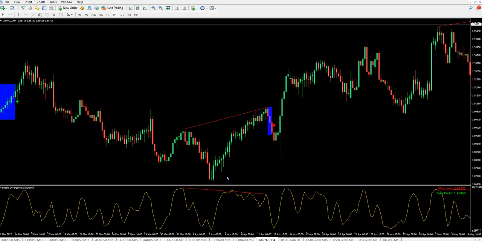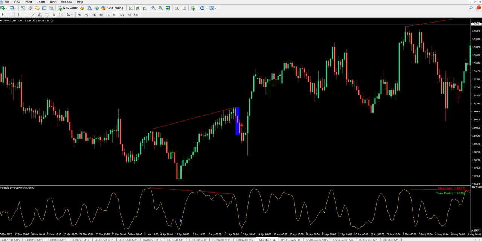While this is higher than this point and this is higher than this point, yes, but look, this is nowhere near as relatively equal to this low as we see here. So the indicator is telling us that price has pretty much pushed as low as it's going to for the time being.